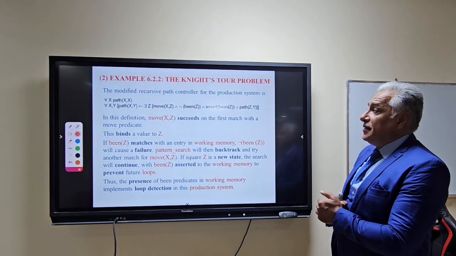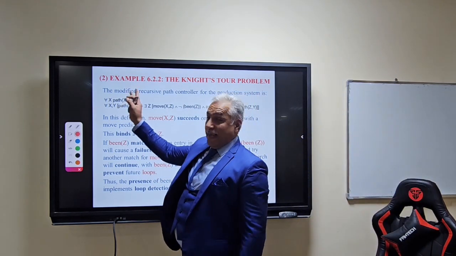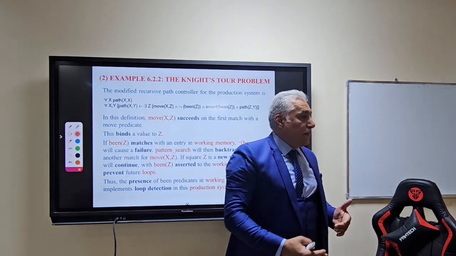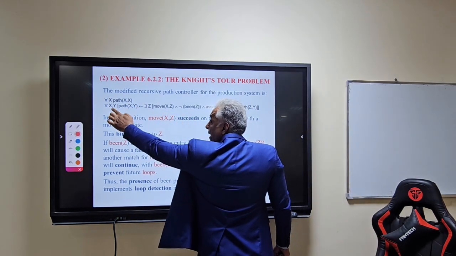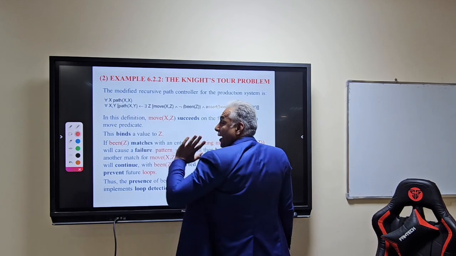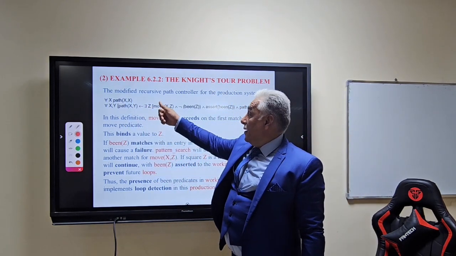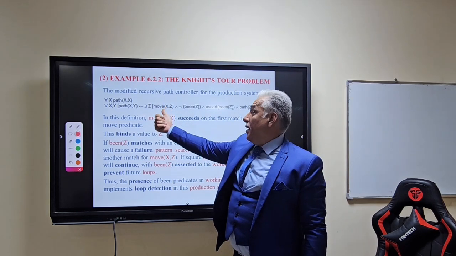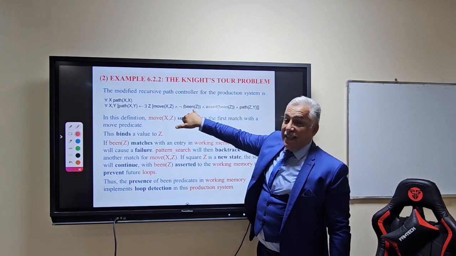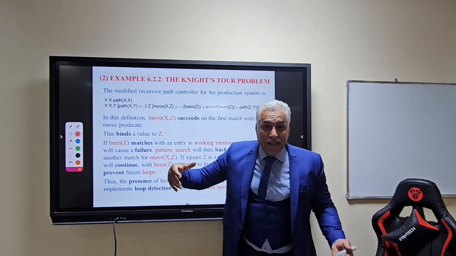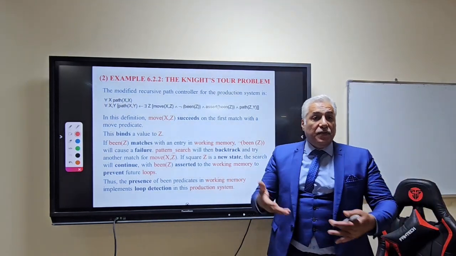The modified recursive path control for the production system is: for all X, path X. I will use asserting predicates here. For all X, Y, path X Y implies there exists a Z such that move X Z and not pin Z. Pin Z, if found, means Z was visited.